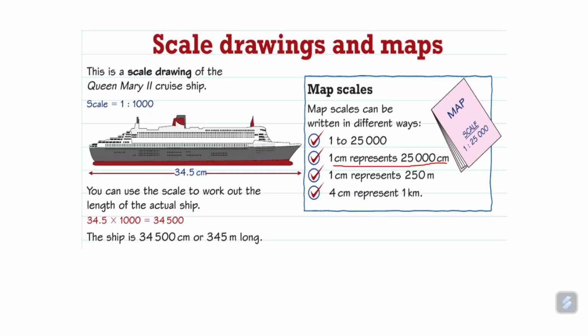In essence, on paper it's a lot easier measuring with a tape or a ruler. So for every measurement you have on paper, multiply it by 1,000, and that will give you the actual measurement of the ship in real life.